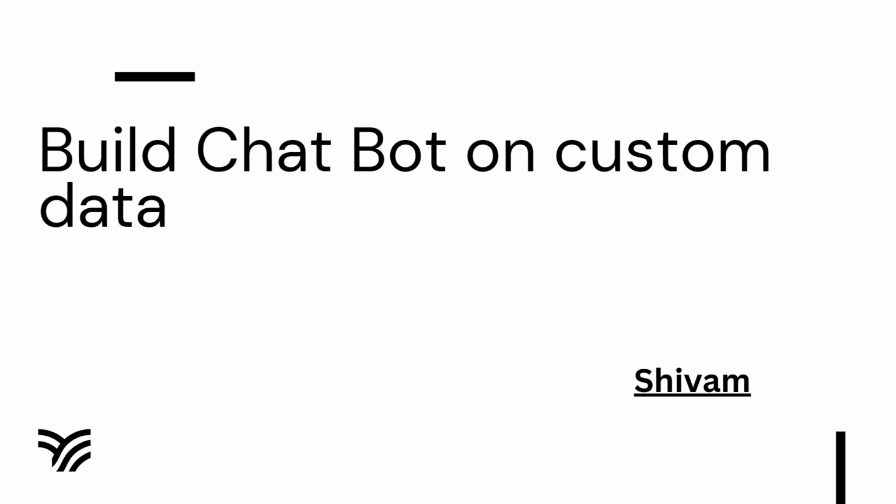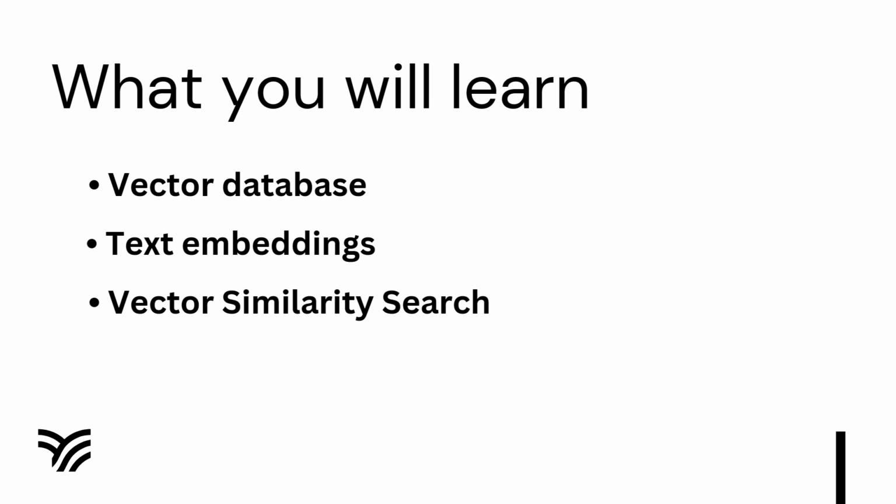In this workshop, you will learn about vector databases, text embeddings and vector similarity search. I will start with vector databases. Then I will tell you about text embeddings, how to create them and how they work.